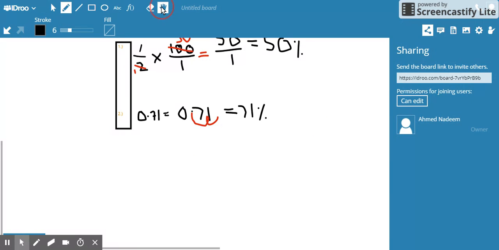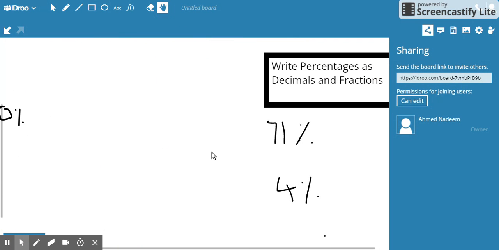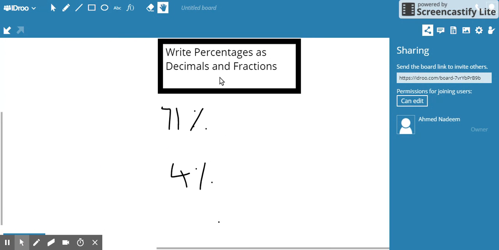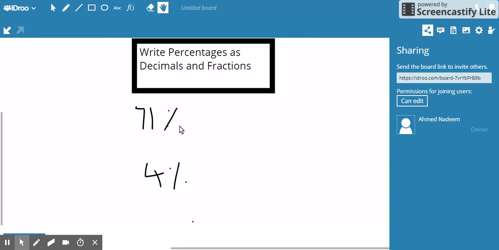The next topic is writing percentages as decimals and fractions. This time I have 71% and 4%. Let's do 71% first, and we're going to turn it into a fraction. It's really easy. A percentage is basically something out of 100.